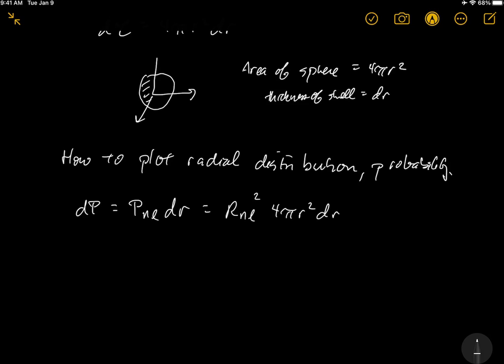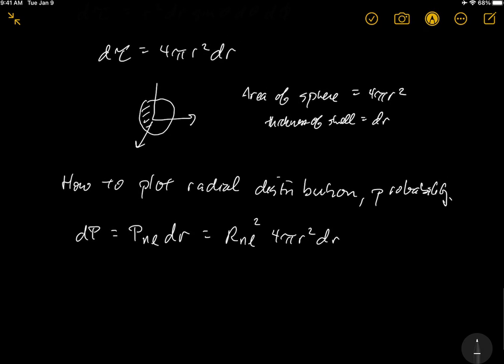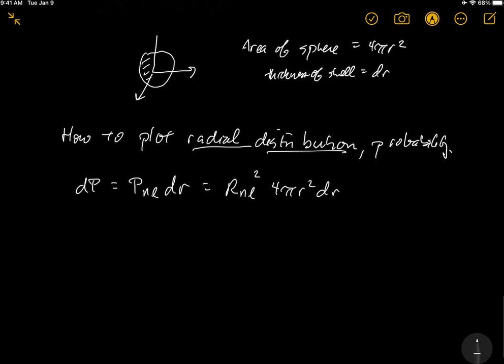So typically when we plot a radial distribution function, we're going to include this little r squared factor, because that's going to give us a better representation of the probability of finding the electron at some very, very small radius.